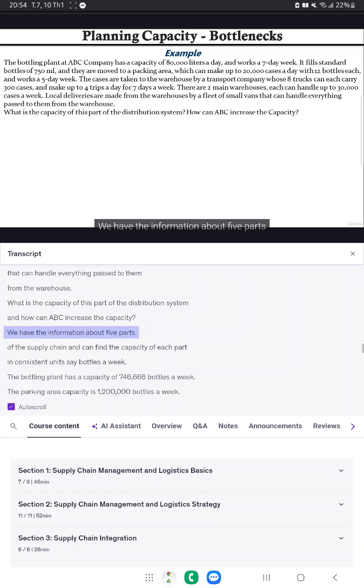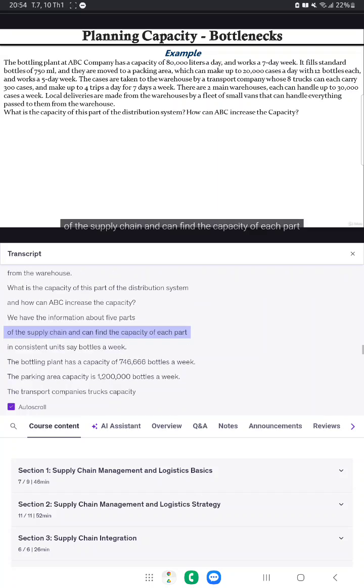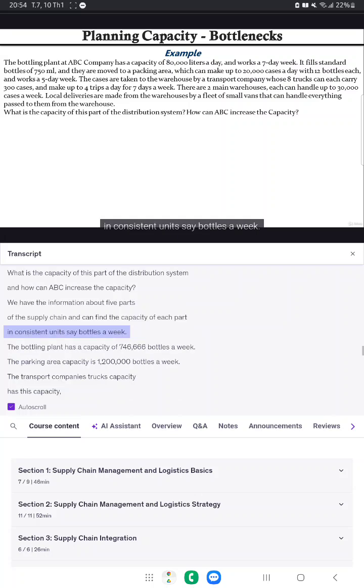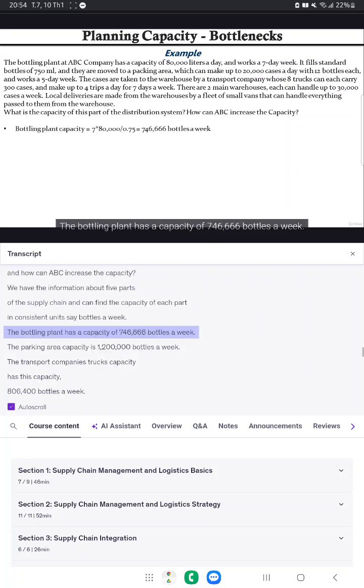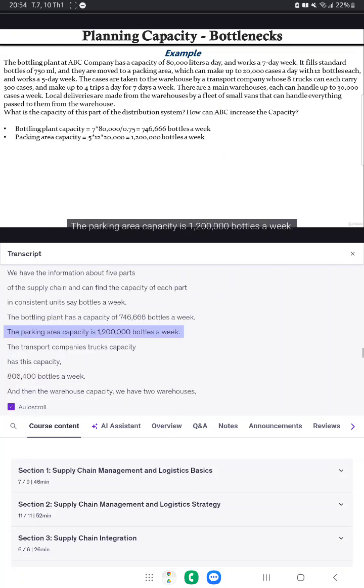We have the information about 5 parts of the supply chain and can find the capacity of each part in consistent units, say bottles a week. The bottling plant has a capacity of 746,666 bottles a week. The packing area capacity is 1,200,000 bottles a week.